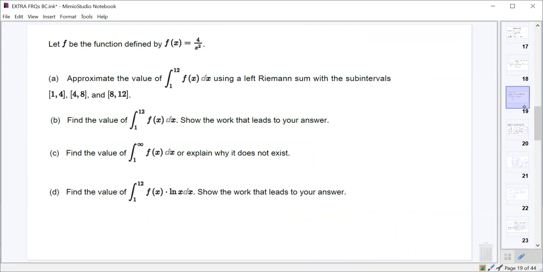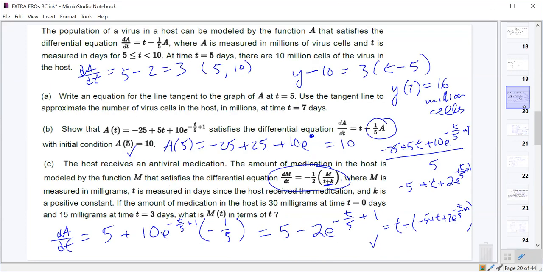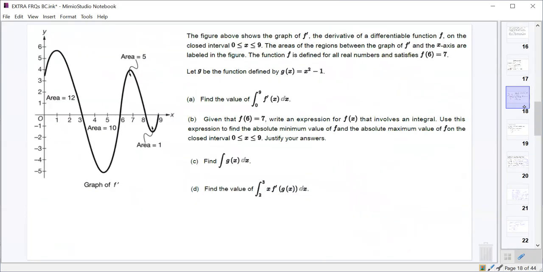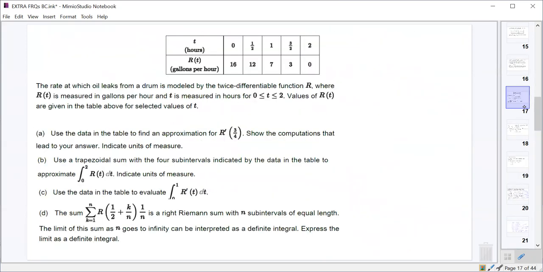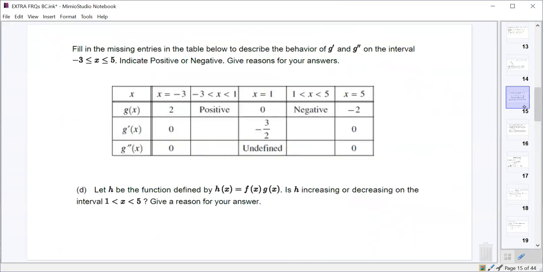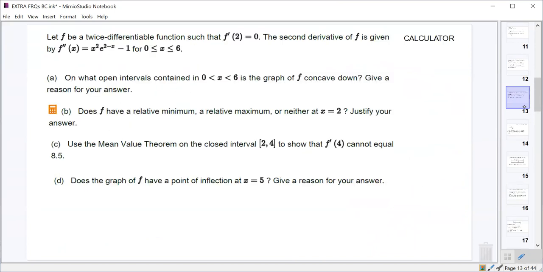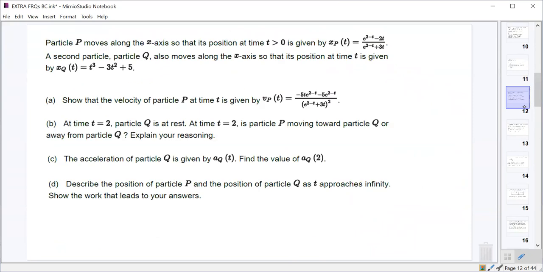I did that one. Another chart with a Riemann sum. Graph, ones with graphs. Anybody have anything they want to do? Another motion problem. The exact opposite of whatever Adrian says.